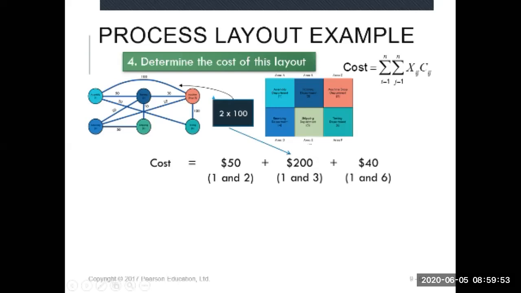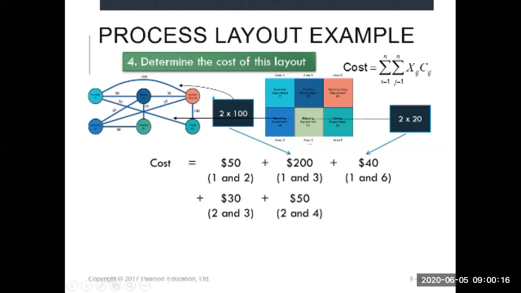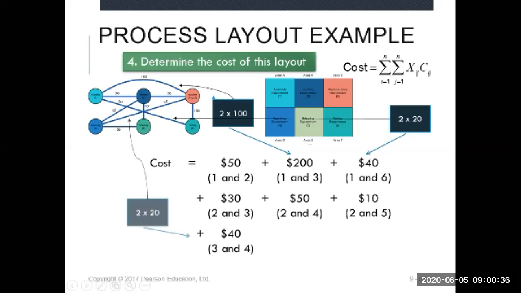1 to 6, you also have to times 2, because from the assembly department you have to go to another department first, and then you can go to the testing department. 2 to 3, side by side, 30. 2 to 4, also side by side, 50. 2 to 5, you don't have to times by 2. 3 and 4 here is 20, but you need to go through another department, so 2 times 20, 40.